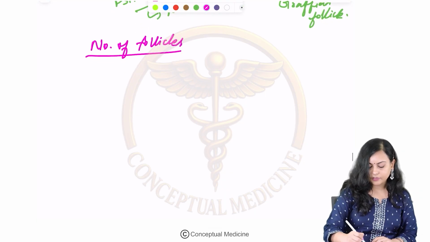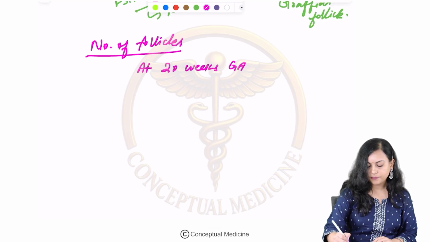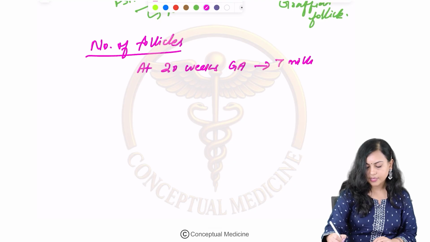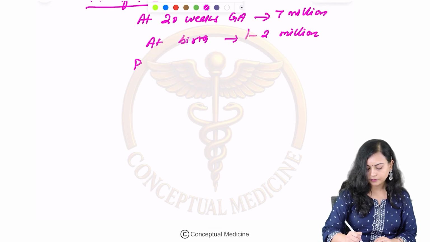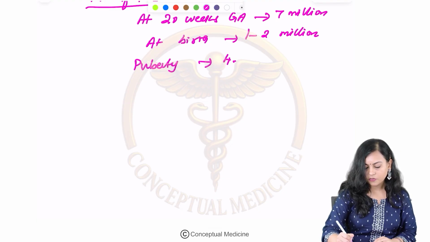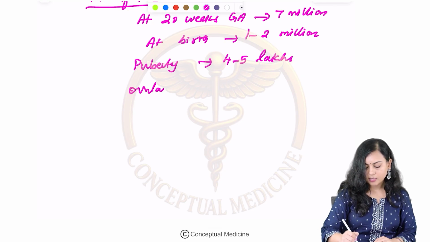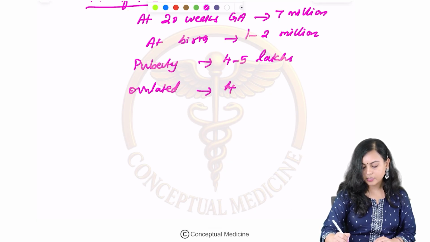The number of follicles in a female lifetime is maximum at 20 weeks of gestational age, where it is about 7 million, and at birth it becomes about 1 to 2 million, and during puberty only 4 to 5 lakhs are present. The ovulated follicles are very few in number, that is 400 to 600.